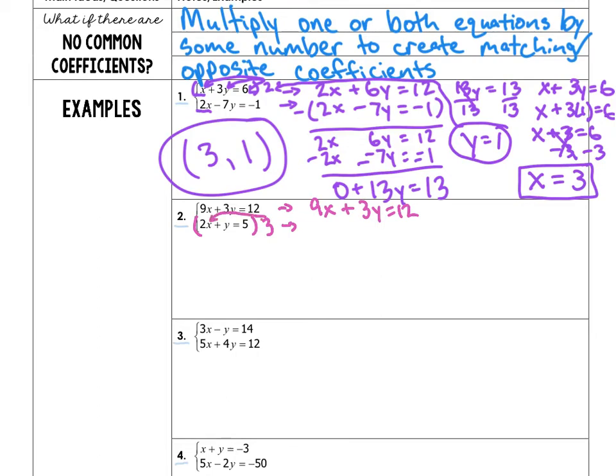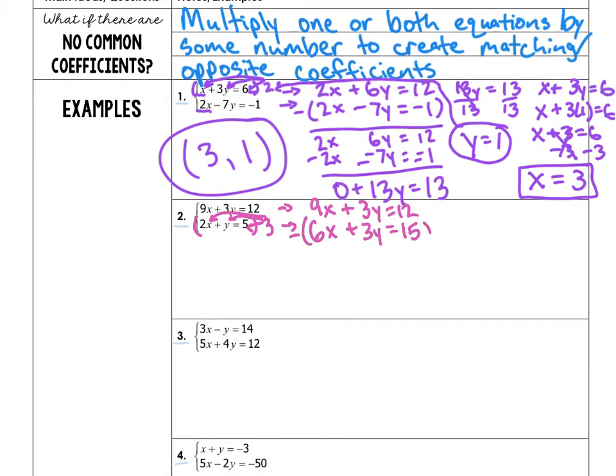Distributing the 3 is going to give me 3 times 2x, that's 6x. 3 times y is 3y, that's exactly what I wanted. And 3 times 5 is 15. This is exactly what we wanted because now the y's have the exact same coefficient. Now we can actually add or subtract. And since I want them to cancel out, I'm going to have to subtract.